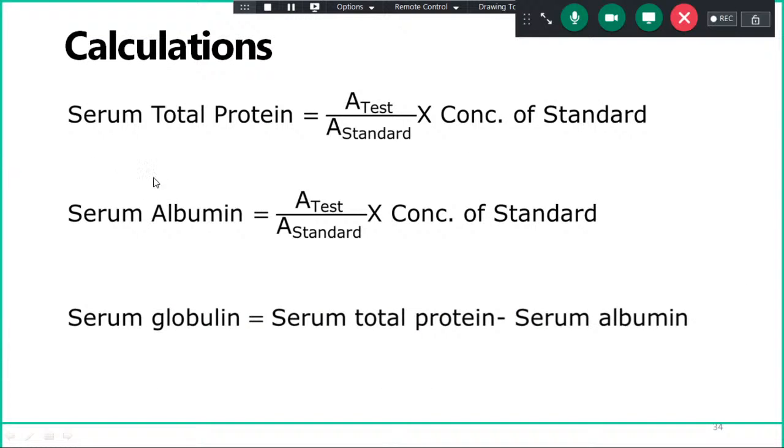Then how do we do the calculation? In your first practical you were already told about the principle of the colorimeter. The colorimeter is based on Beer's and Lambert's law. According to Beer's law, the concentration of a substance is directly proportional to the absorbance, which is the amount of light absorbed by the solution when light is passed through the colored solution.